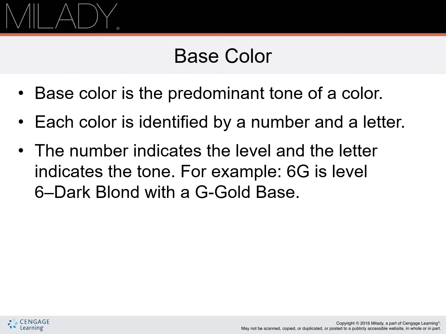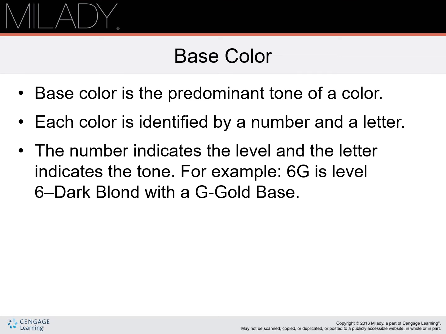Base color. The definition of a base color is the predominant tone of a color. Each color is identified by a number and a letter. That is what I was just talking about. Do not let that confuse you. The number indicates the level, and the letter indicates the tone. It may not be a letter, it may be a number. I'm going to talk to you about this in another lecture coming up.